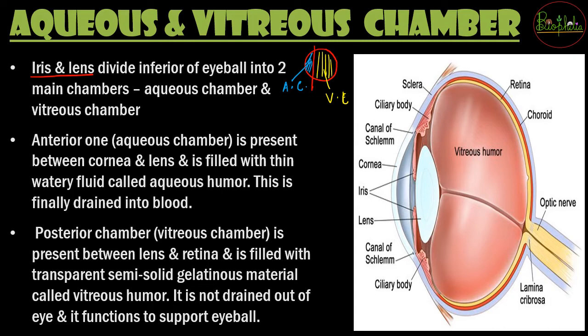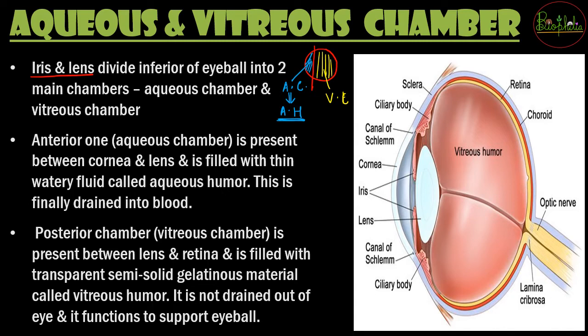In the anterior chamber, there is going to be the aqueous chamber, which is between the cornea and the lens. So here in front is the cornea, and the lens divides it. The aqueous chamber will contain aqueous humor. The fluid present in that area is aqueous humor and this will be drained.